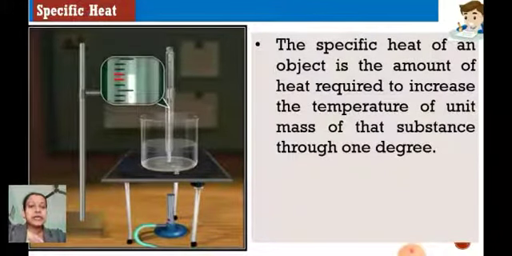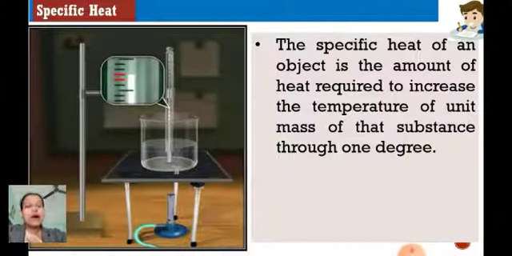If the initial temperature of a given substance is, let's suppose, 30 degrees Celsius, then a 1 degree rise will be 31 degrees Celsius. The amount of heat required to raise the temperature by 1 degree Celsius is called the specific heat of that substance.